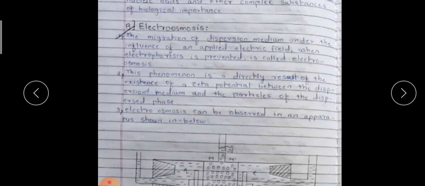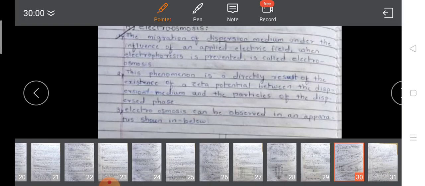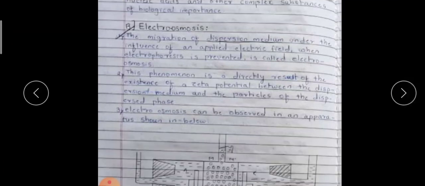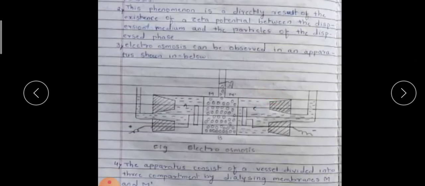It is called electroosmosis. This phenomenon is a direct result of the existence of a zeta potential between the dispersion medium and the particles of the dispersed phase. Electroosmosis can be observed in an apparatus that is shown below, that we have seen.